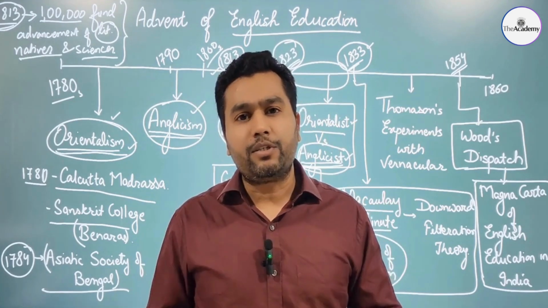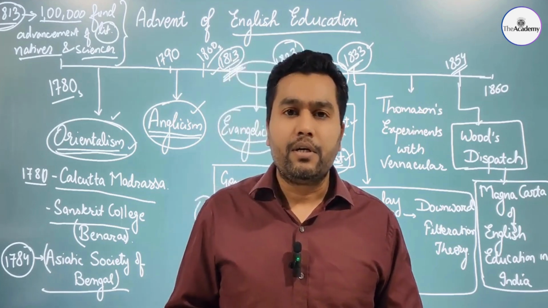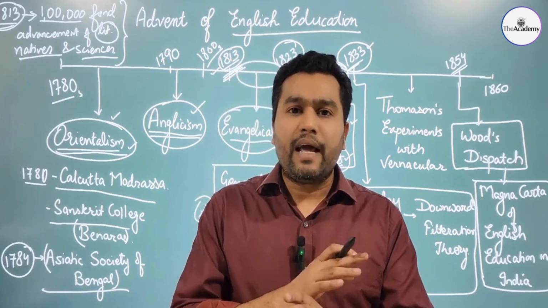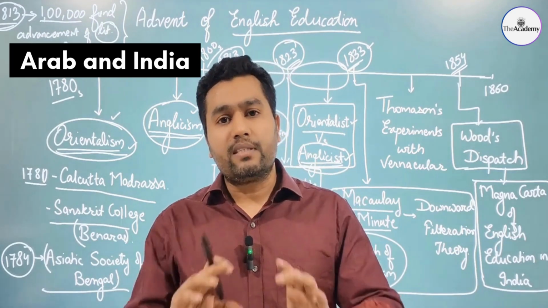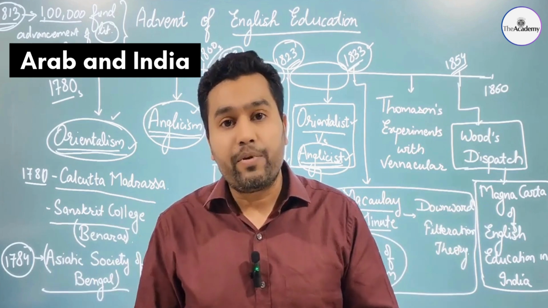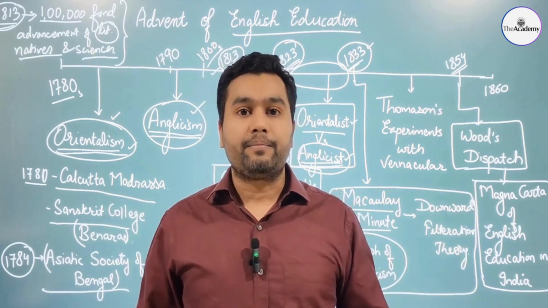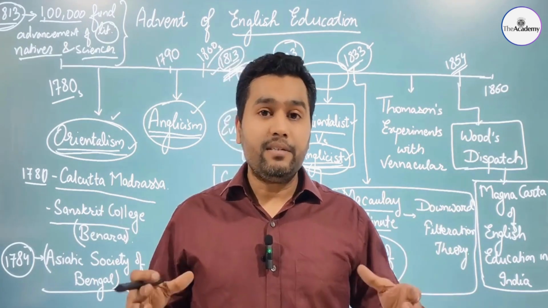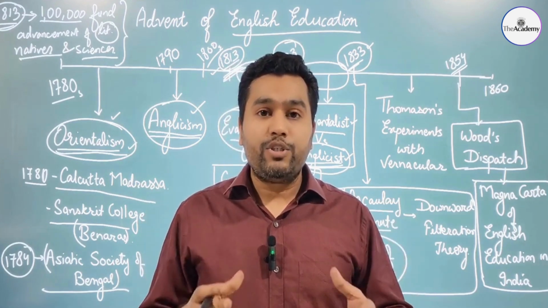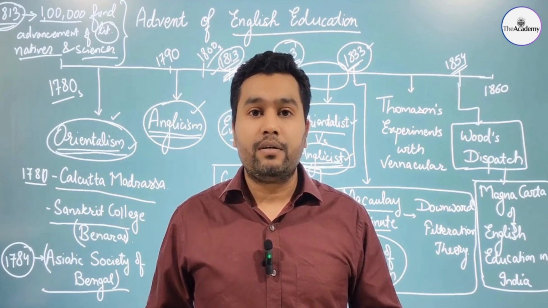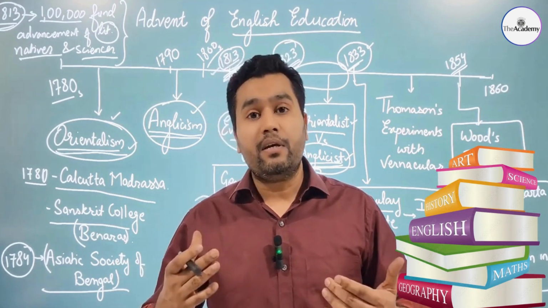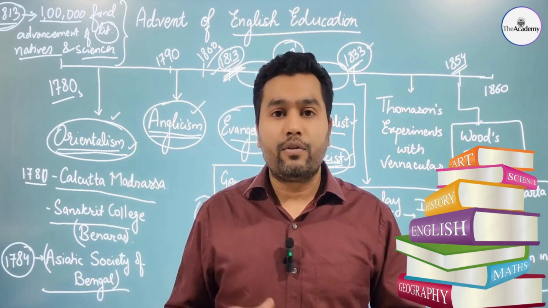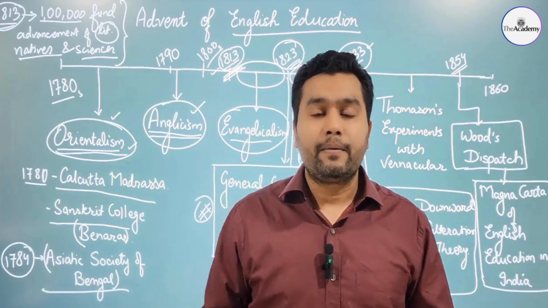While addressing his minute, Lord Macaulay stated that the entire library of Arabia and India was not worth a single shelf of European books, European learning. The Anglicists aimed at projecting English literature, English sciences, English findings to be higher than that of the Orient, the East.